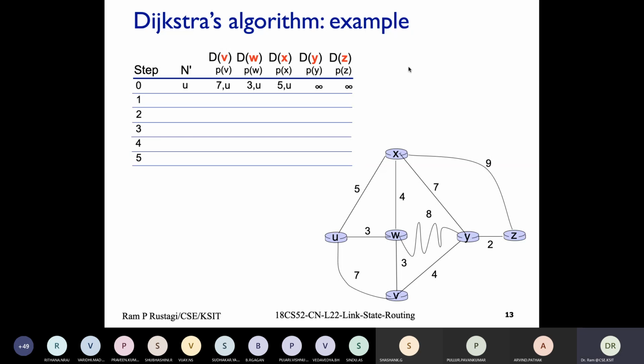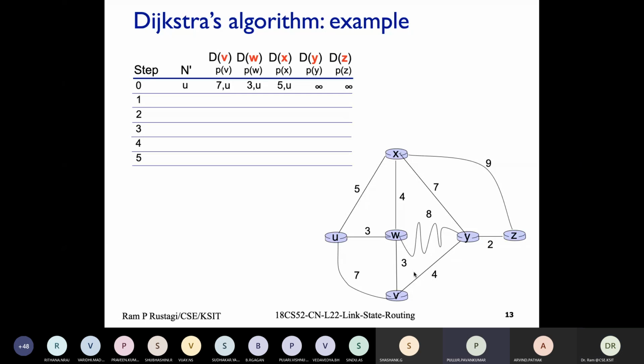Among these 5 nodes, V, W, X, Y, Z, these nodes are not in N prime. So pick a node whose D value is minimum. Which is the node whose distance is minimum for you?